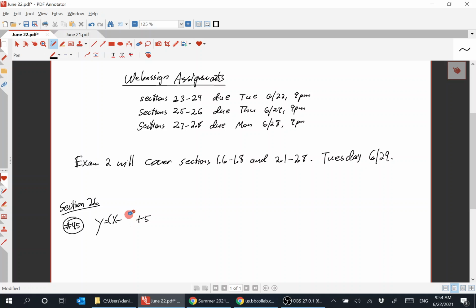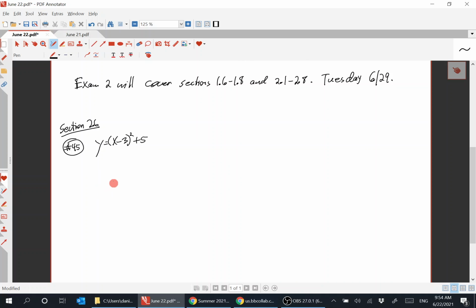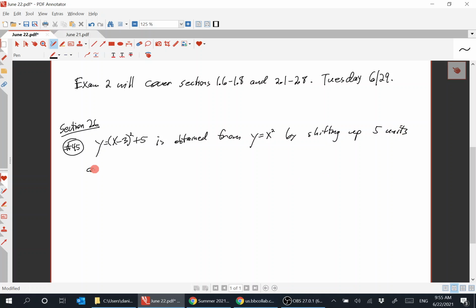All right, so if we start with the standard function, the ordinary parabola y equals x squared, this function is obtained from this by shifting up 5 units and shifting right 3 units.